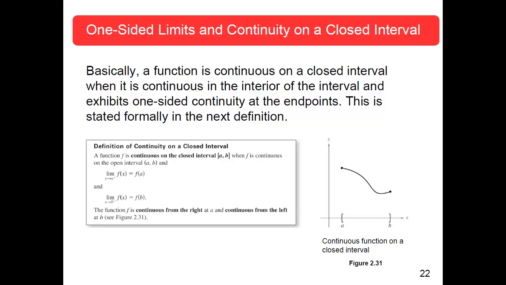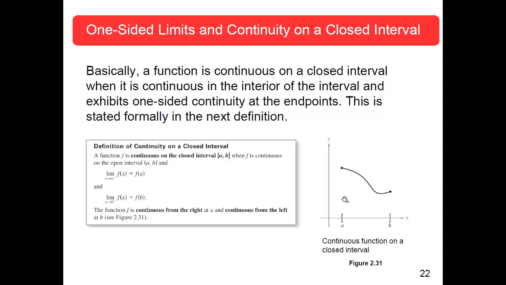The only extra things you have to do, after you verify a function is continuous on the open interval from a to b, is to verify that the limit as x approaches your left-hand endpoint, in this case a, from the right is equal to f of a. So you want to ensure that the limit as x approaches a is the y value, this point right here, not some other point.